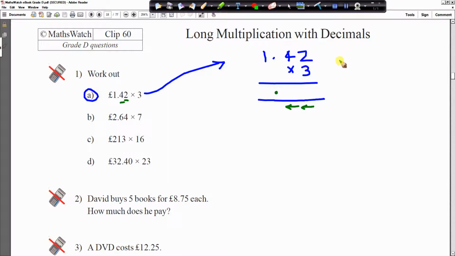Okay, so we have a rule that says, we count the number of decimal places in the question.